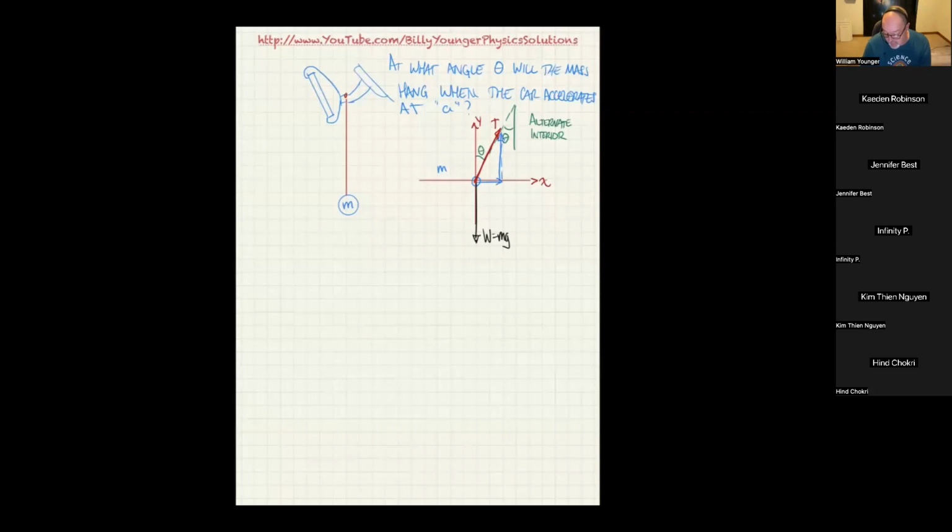And notice from where that theta is, you'd also reach the conclusion that this too is also theta. So this one becomes T cosine theta, and that's what we call T sub y. And this one becomes T sine theta, and that's what we call T sub x. Does everybody follow that now?